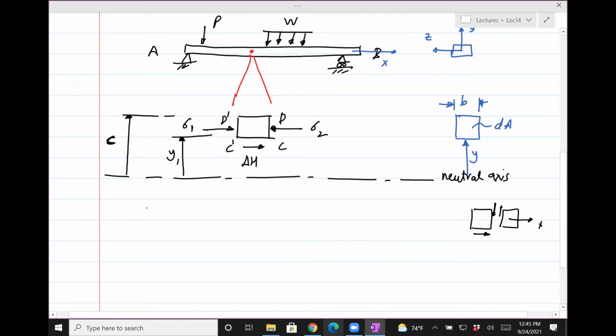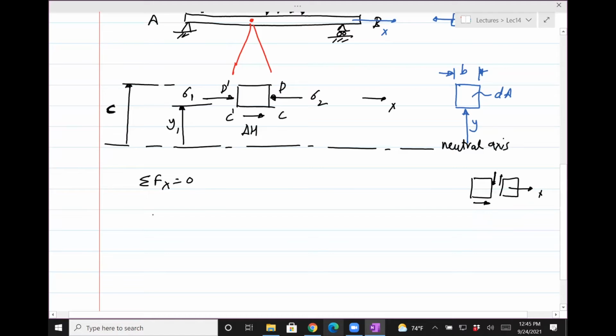So now what we can do is equilibrium of the forces in the x direction, where x is this direction as shown. So we have delta H, which is acting to the right. Let's say that's positive. There's sigma 1, which is also acting to the right. And since it acts across this cross section dA, the force induced by sigma 1 is sigma 1 times dA.